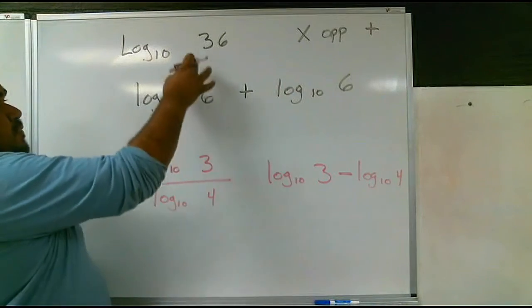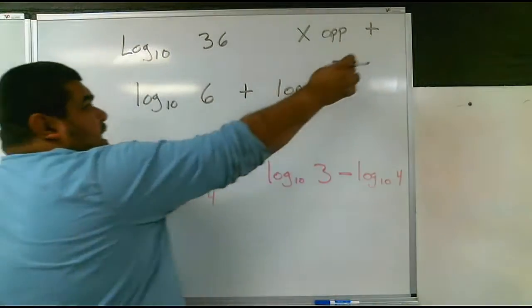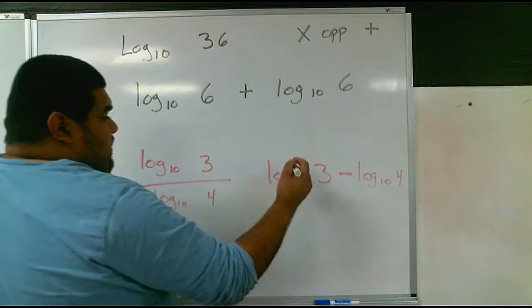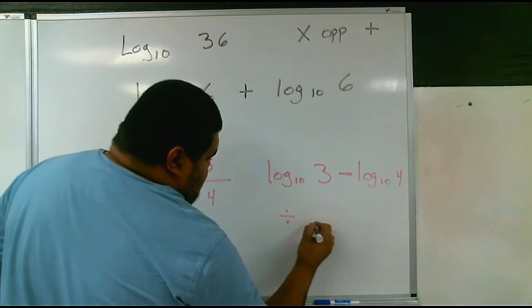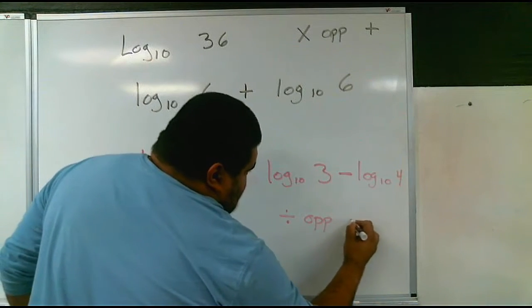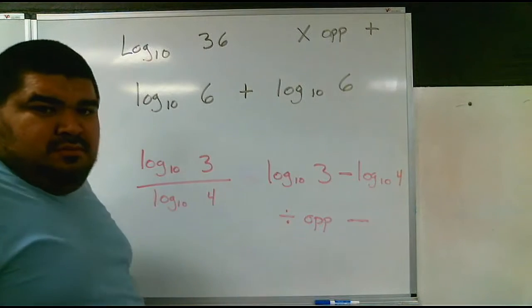So the opposite for multiplication is adding. The opposite for division is subtraction.